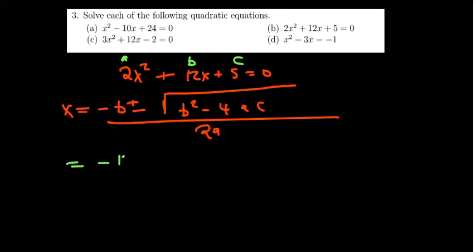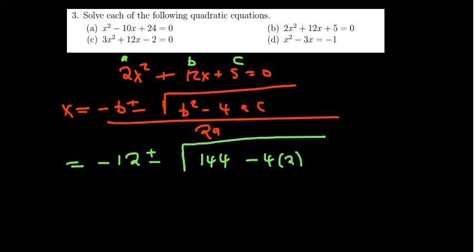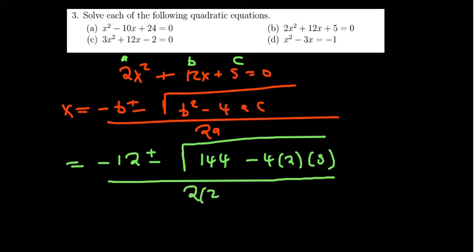Negative of our b, which is negative 12. Our b squared is 12 squared, which is 144, I believe. Minus 4, our a is 2, our c is 5. So 4 times 2 is 8. 8 times 5 is what?